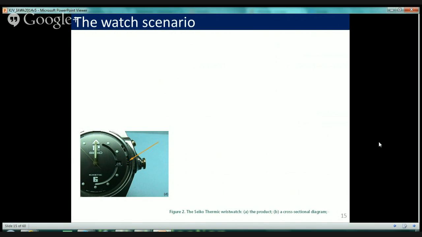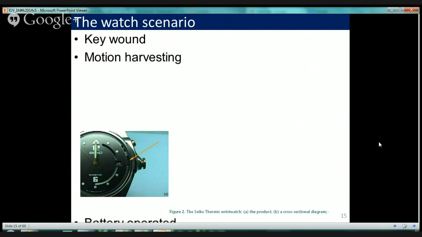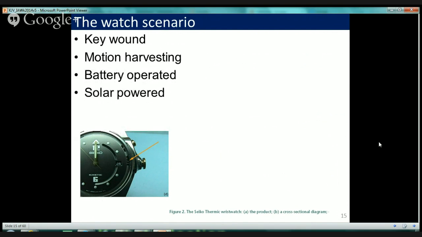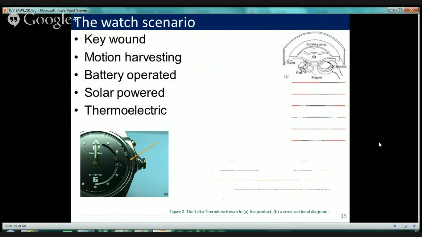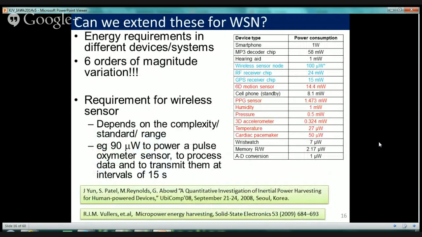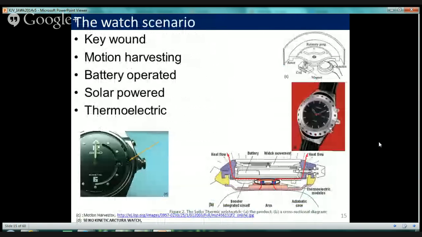There are watches which work based on solar energy. There are watches even which work based on the temperature of your body. I think I have a picture of that. There is one Seiko watch which just scavenges energy based on the temperature of your body. So all those options are available, and then what's the difference?